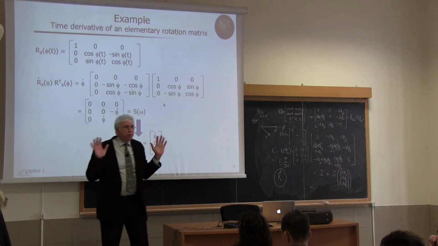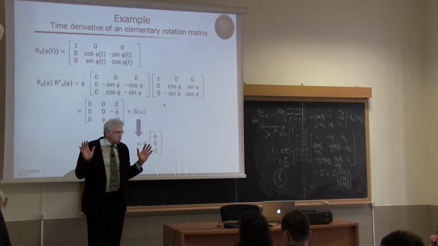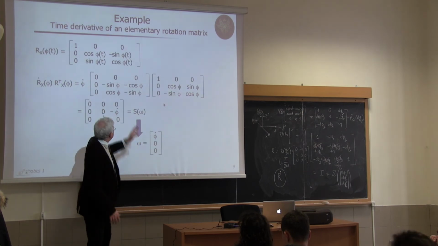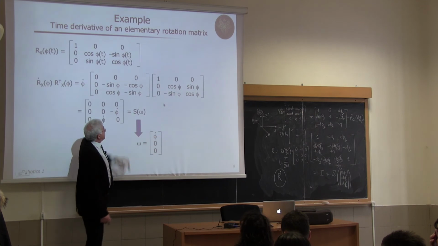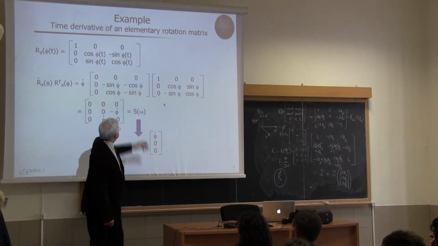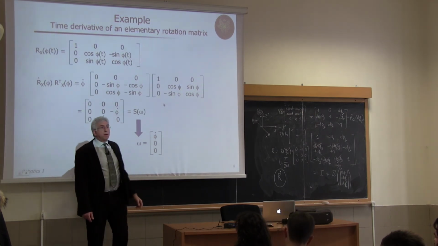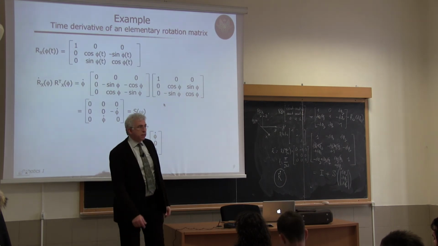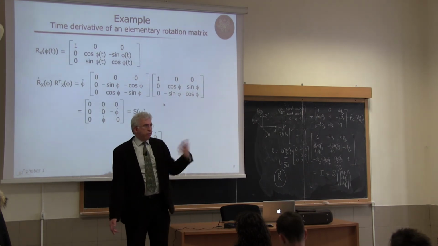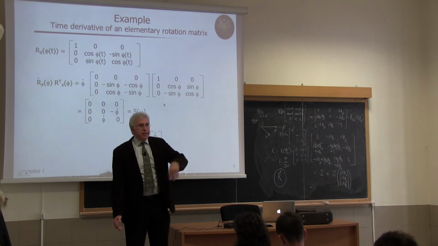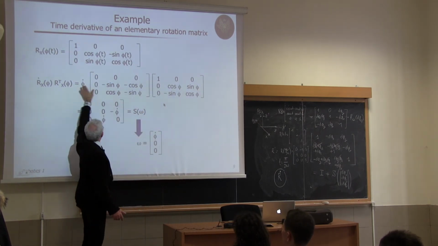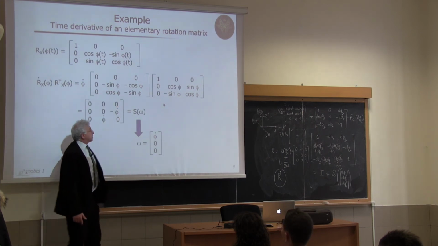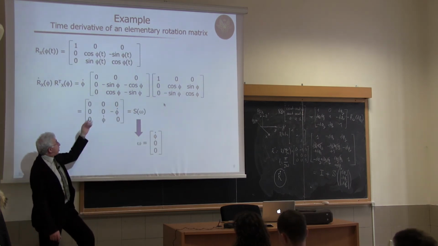I'm not saying how phi of time changes; whatever it is, it's minus sine of phi times phi dot, and then I can take phi dot outside. Similarly, the derivative of minus sine of phi of t with respect to time is the derivative of minus sine with respect to phi, and then of phi with respect to time. So phi with respect to time is phi dot, and I take it out, and this derivative is minus cosine phi, and so on. Okay?